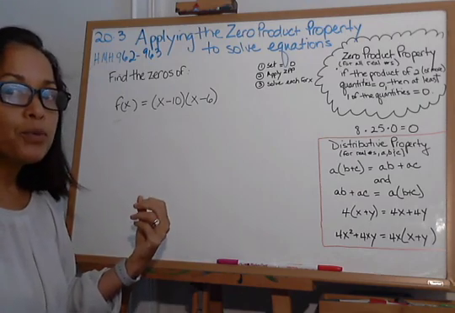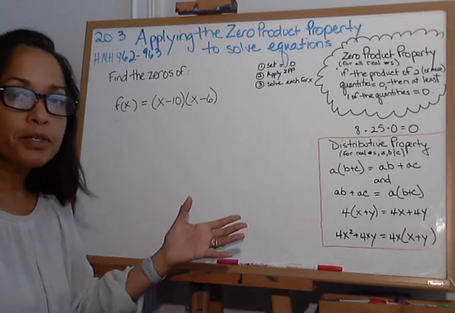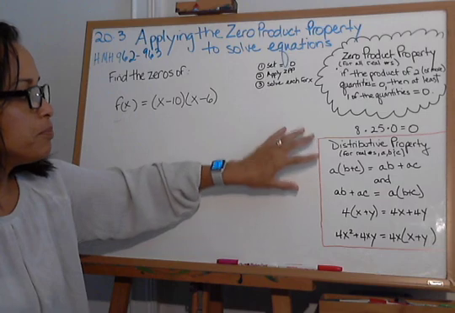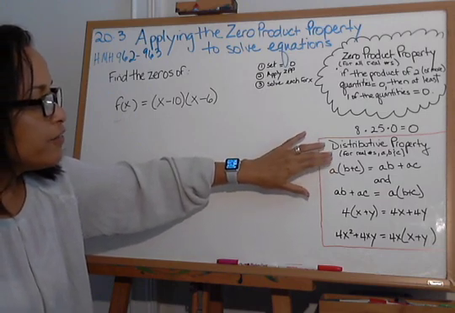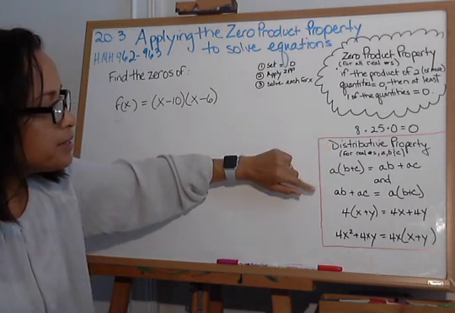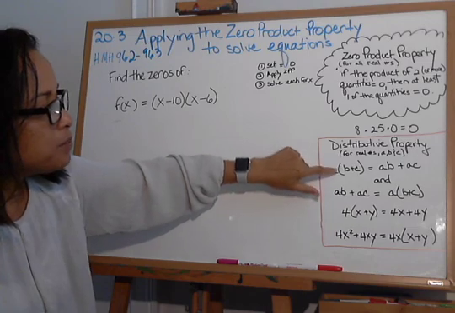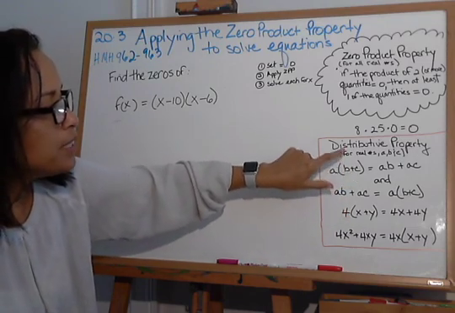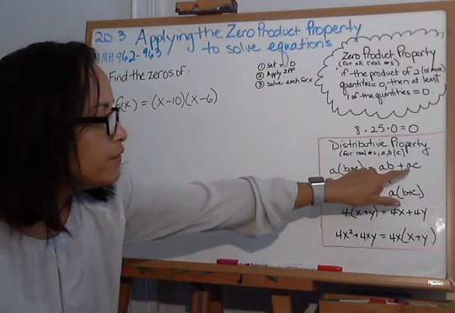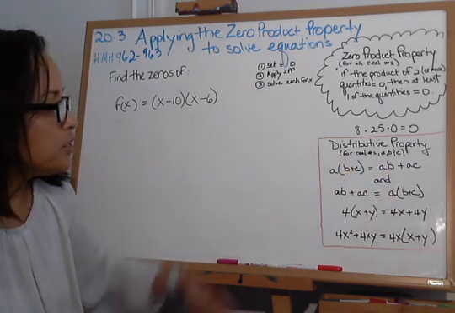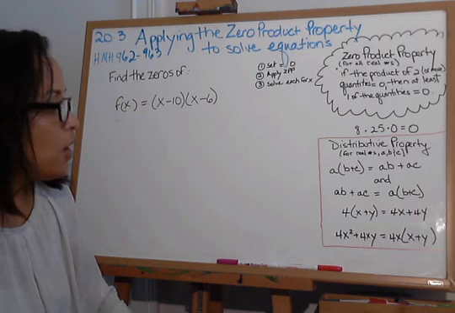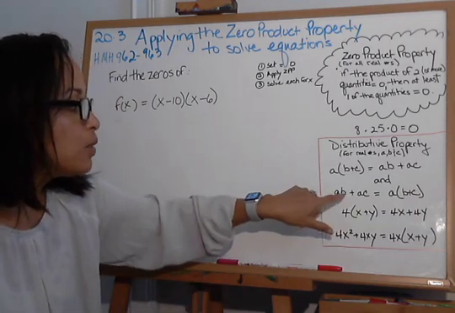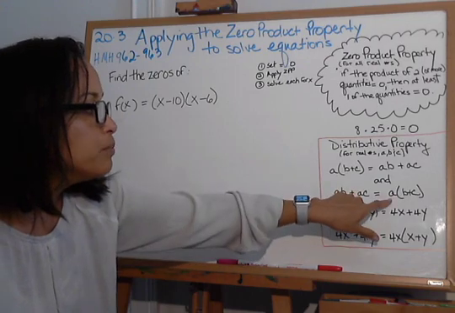The other property we're going to use is the distributive property, and this should be a review. If A, B, and C are real numbers, and I have A multiplying the quantity B plus C, I can distribute the A to each of the items in there. Reversely, if I have something that's in two quantities like this, I can remove it.